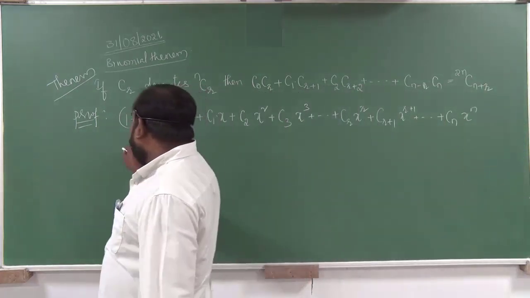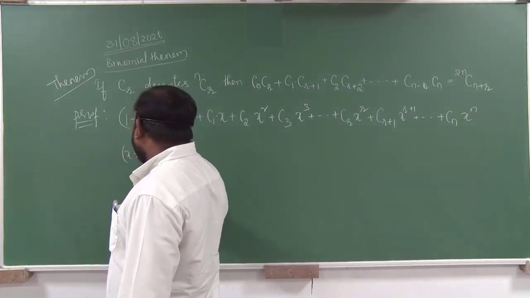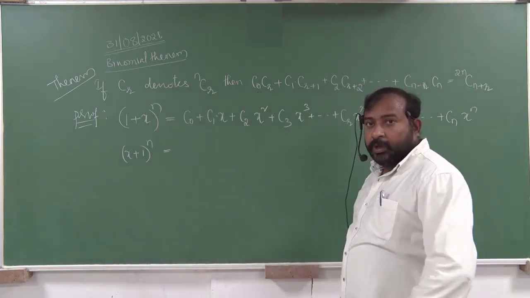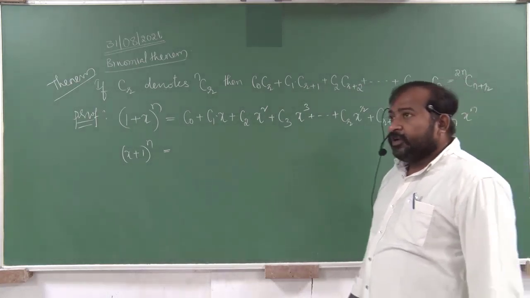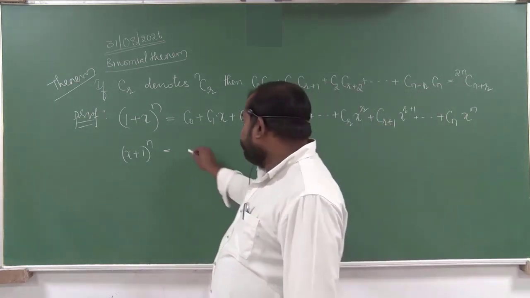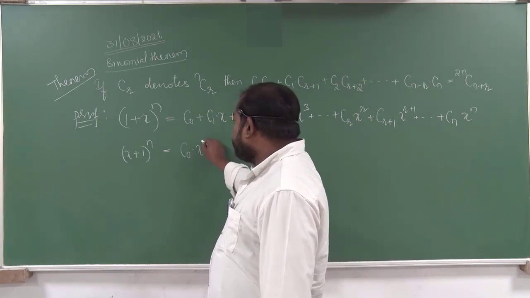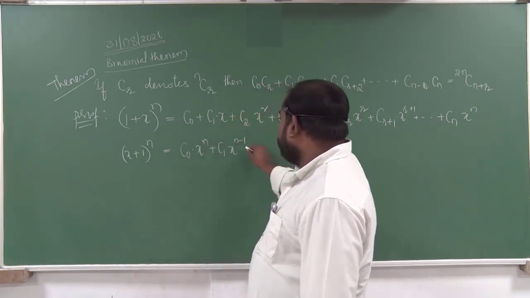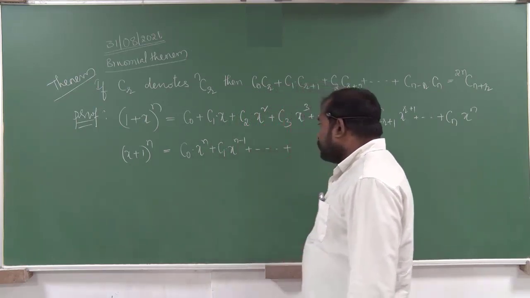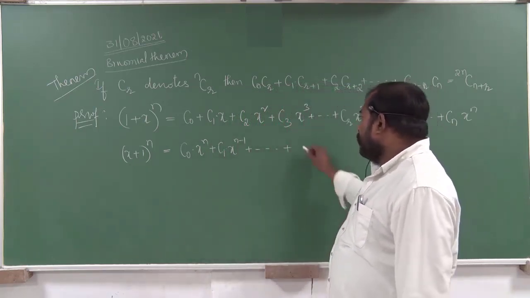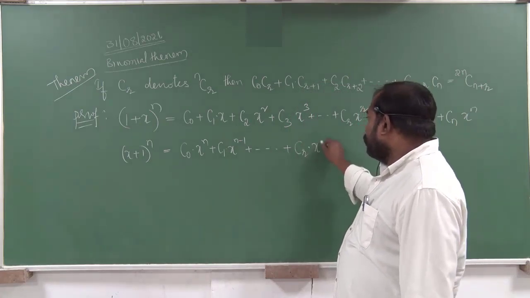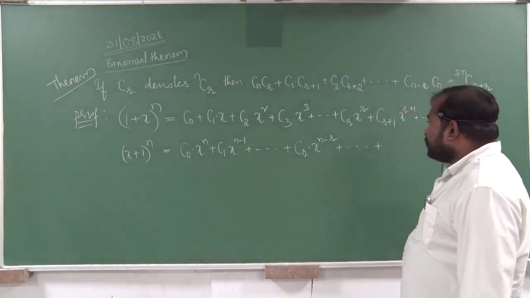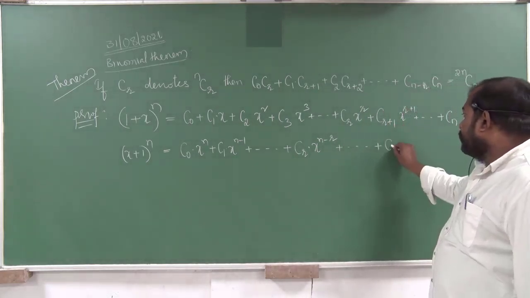Similarly, calculate the expansion of (x plus 1) whole power n. What is the expansion? C0 into x power n, C1 into x power n minus 1, plus so on, somewhere in between you will get Cr into x power n minus r, plus so on, and the last value will be Cn.